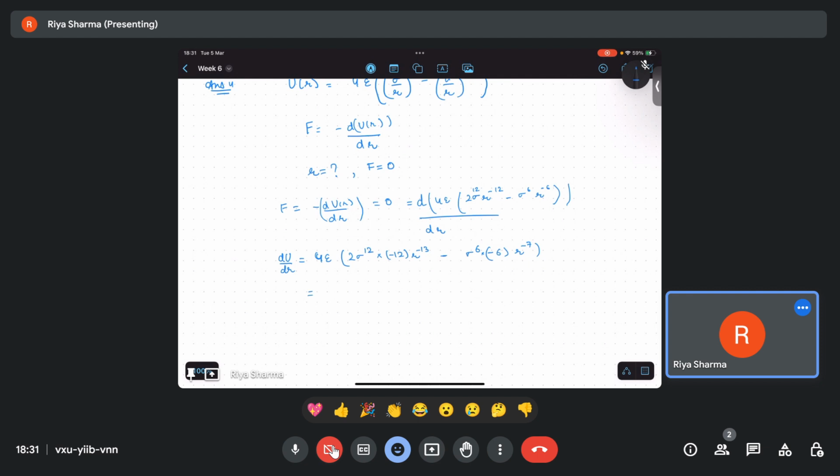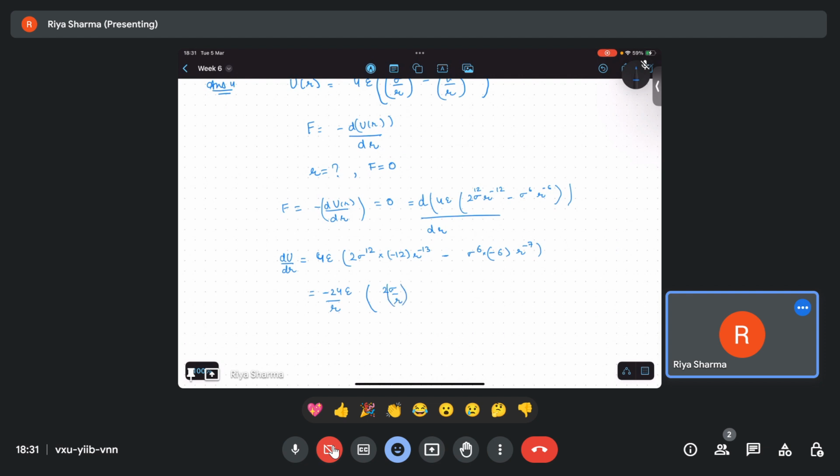I'll take 6 common and r once here, so this will equal 2 sigma by r 12 minus sigma by r 6 equals to 0. So we want to put du by dr equals to 0, right?